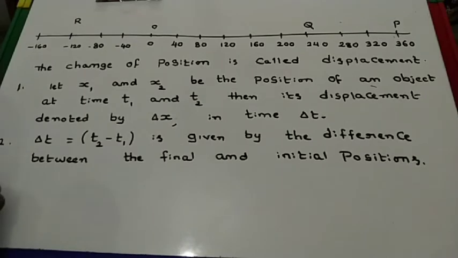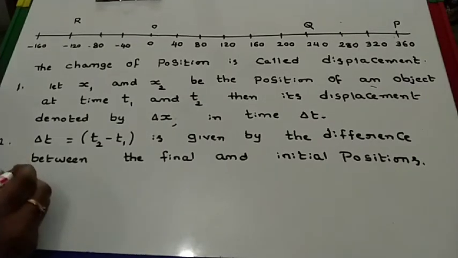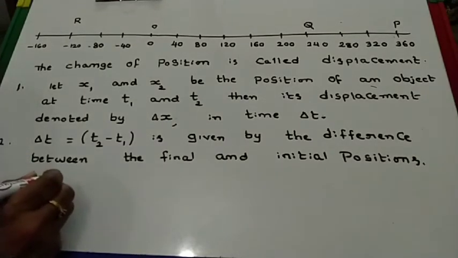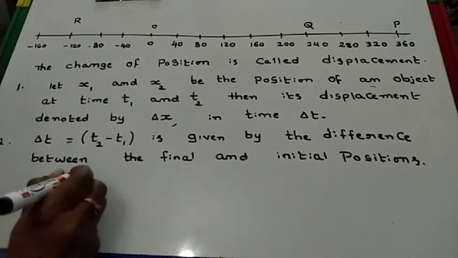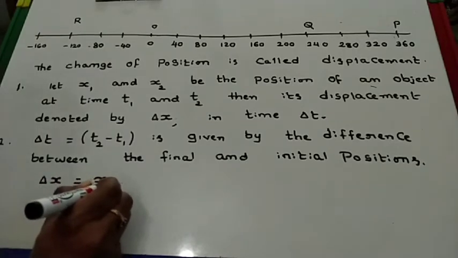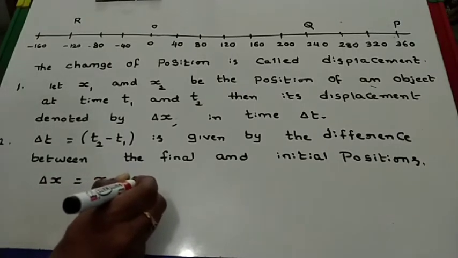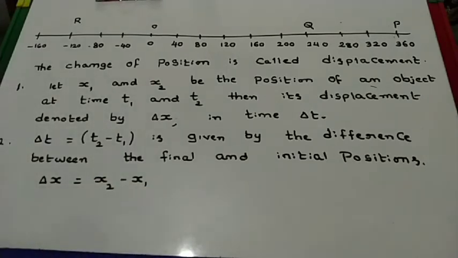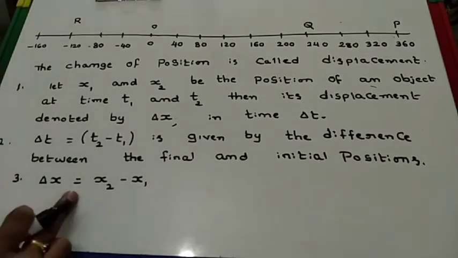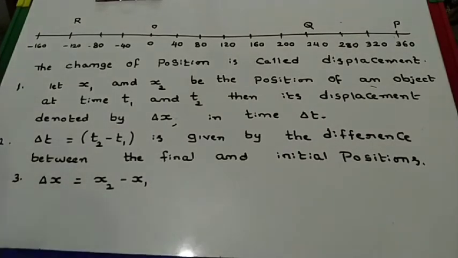Point number 3. Delta x is equal to x2 minus x1.